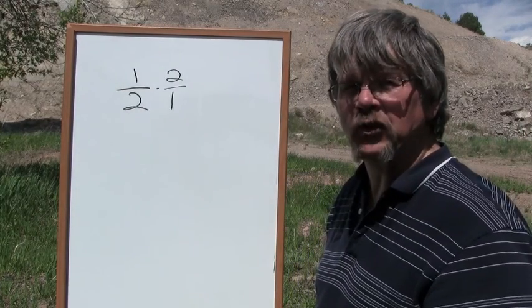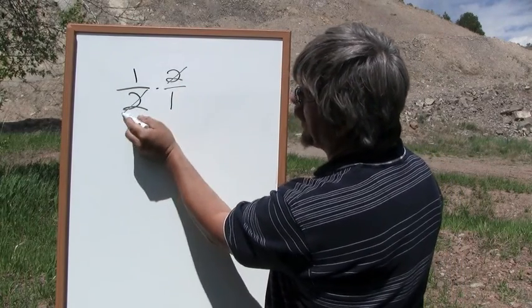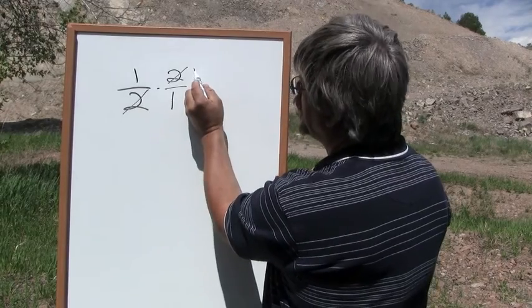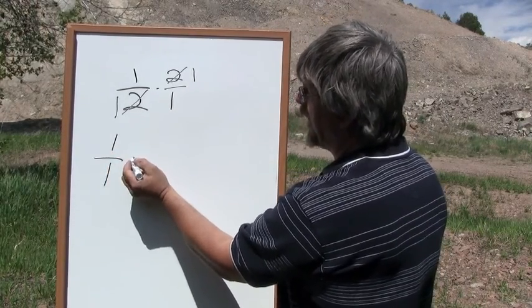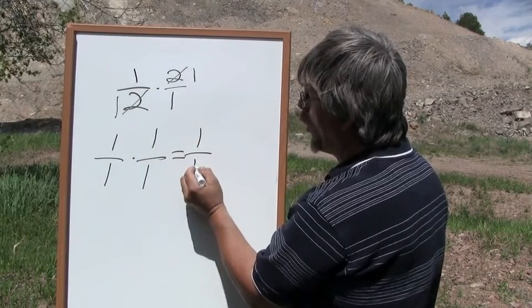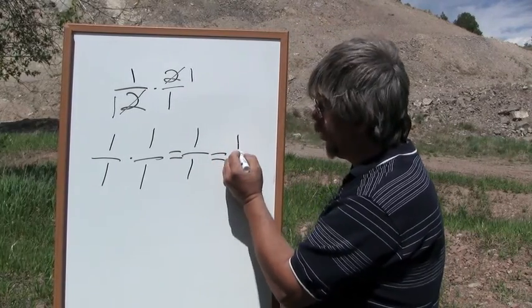And the reason you do it by 2 is because this 2 will cancel across with this 2. You can cancel diagonally to 1 and 1. And this says 1 over 1 times 1 over 1 equals 1 over 1. And 1 over 1 is simply 1.